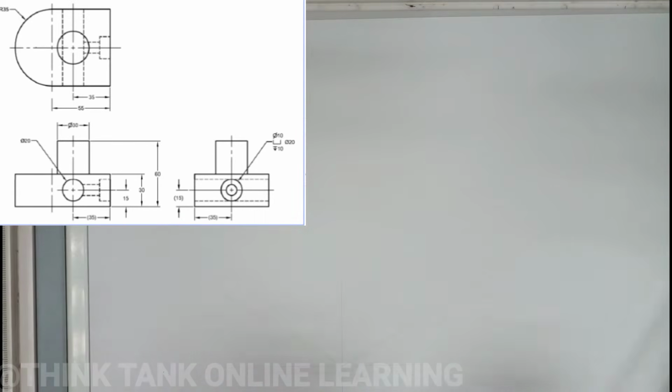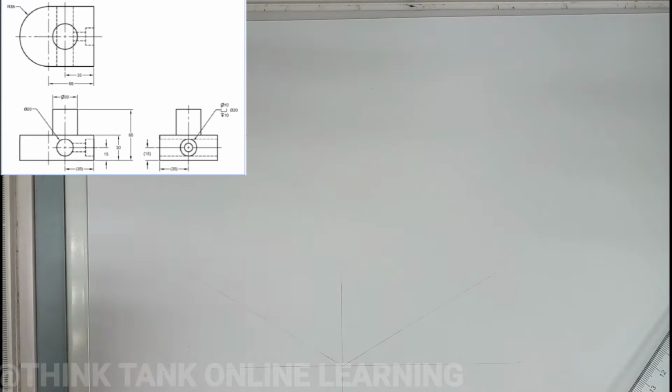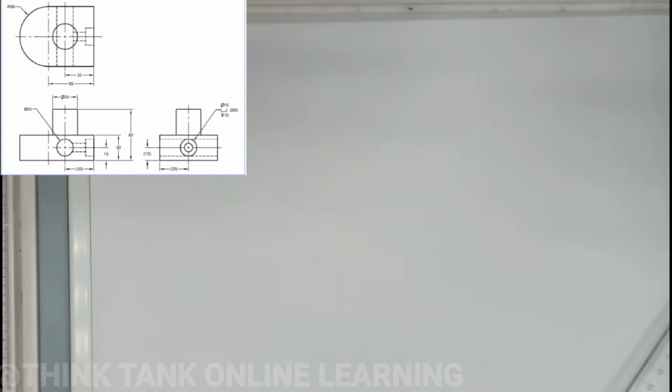Then after that I am going to measure the total length and the total width. After that I'm going to measure the width, the length and the height of my diagram.